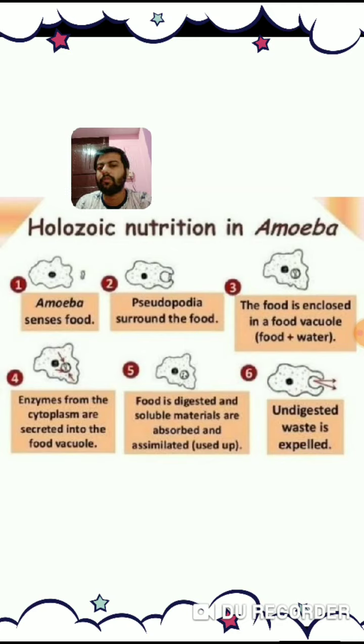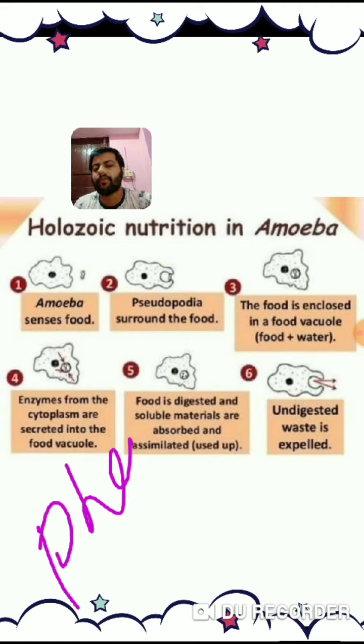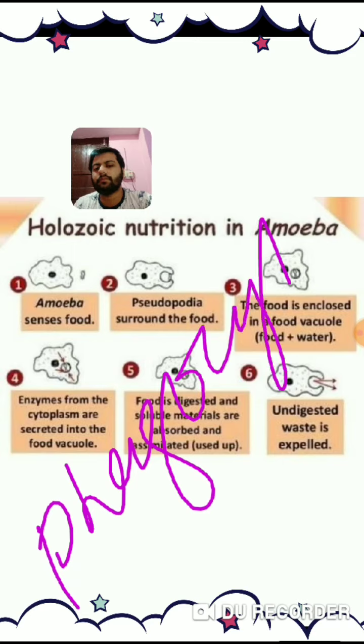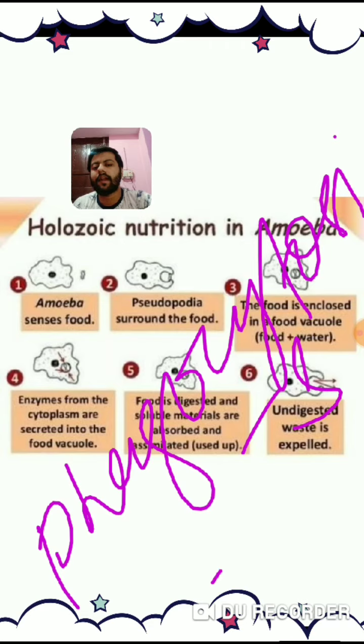Inside the holozoic mode of nutrition, the process through which amoeba obtains its food is known as phagocytosis. Phagocytosis means engulfing the food. That means the cell will engulf the food.